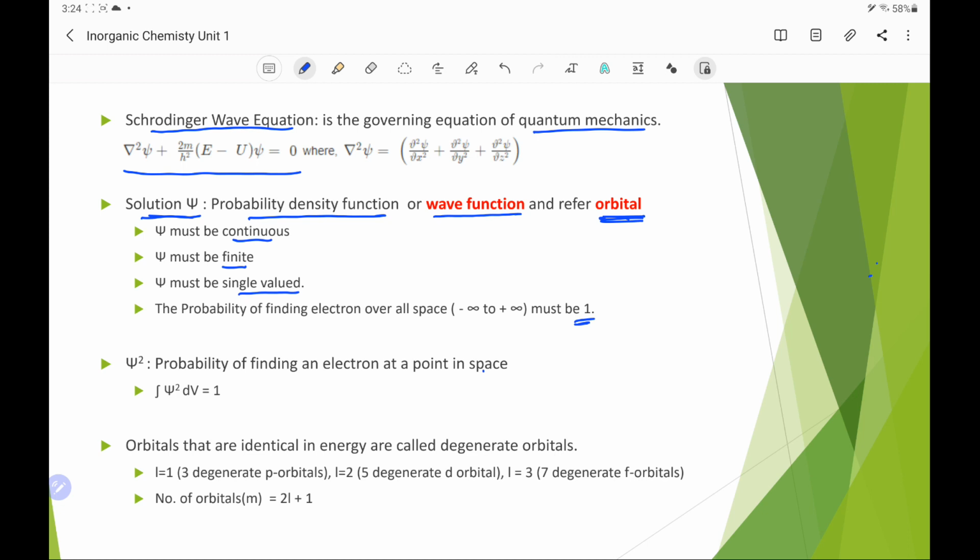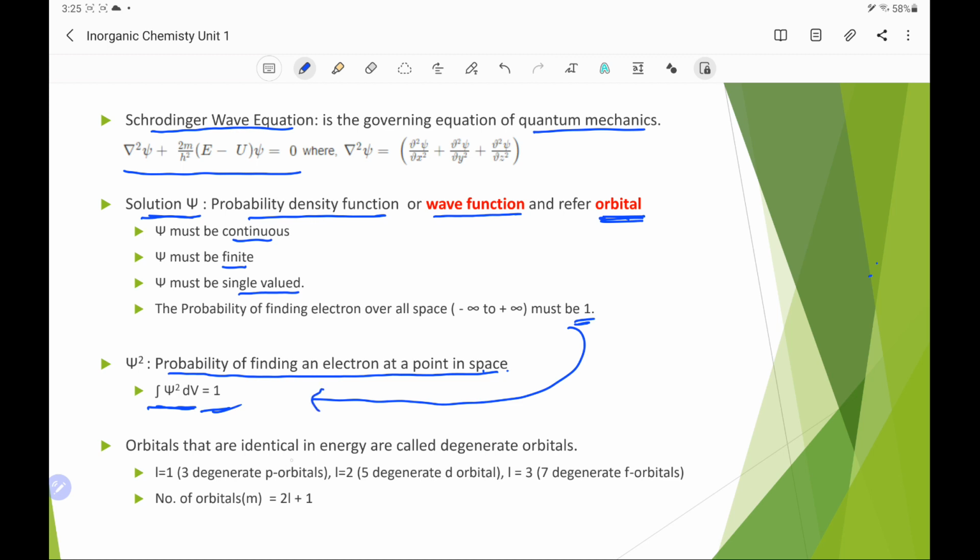That means it is sure to find the electron in space. Therefore, if we integrate the probability density function over the whole space, it will be 1, as explained above.